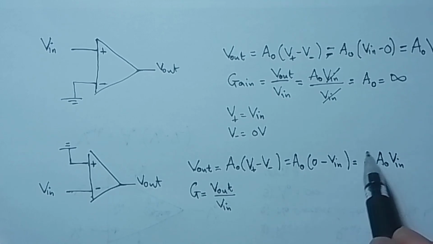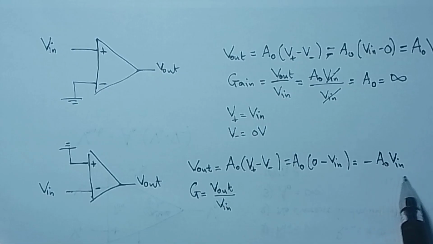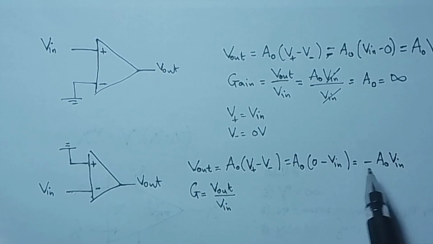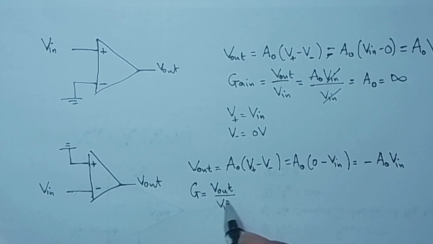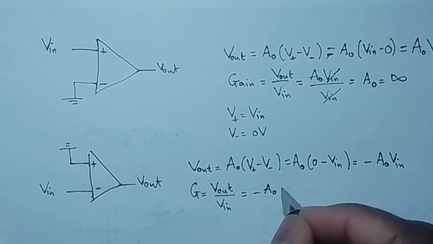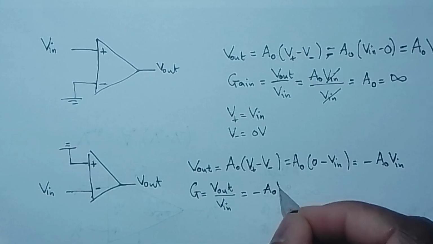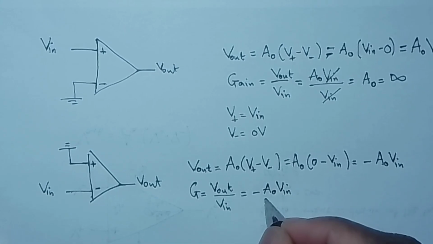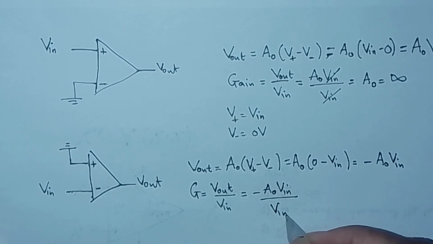Alright, so now that we have the result for the V out, we just substitute it into the gain formula. So we have minus the open loop gain V in over V in.